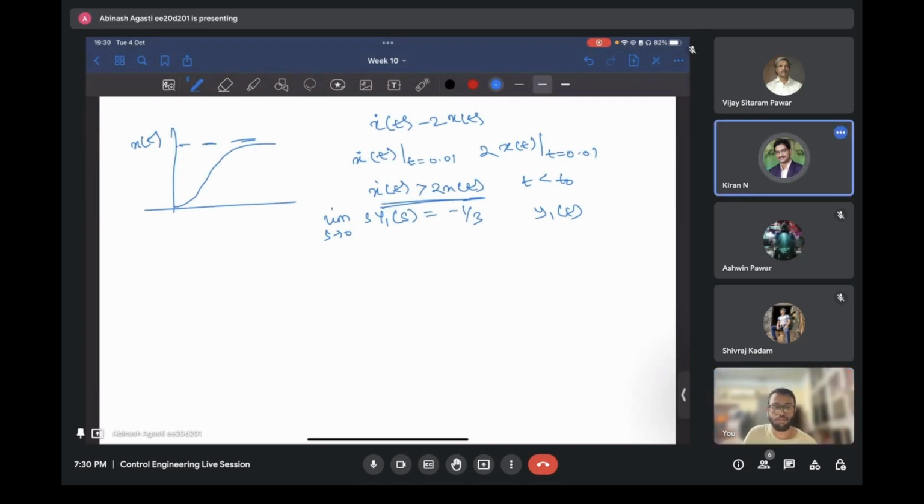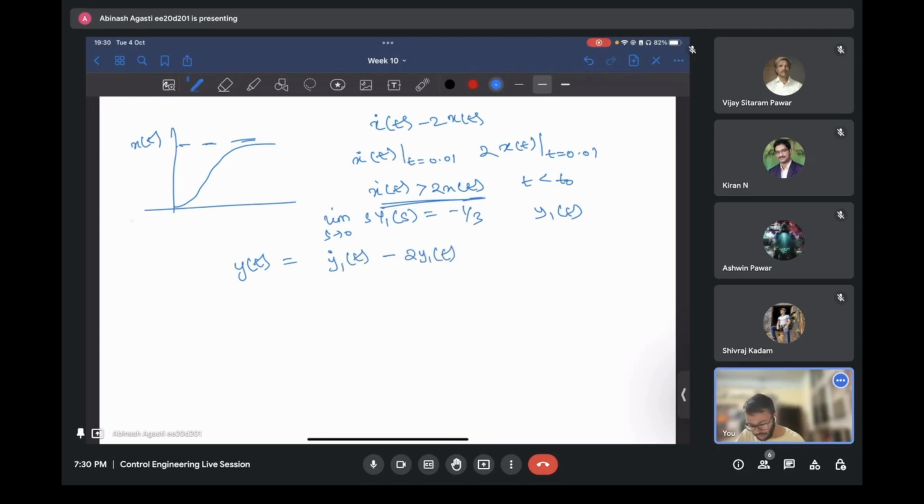Okay. So similarly, we'll go forward with the analysis, and actual y of t will be y1 dot of t minus 2 y1 of t.